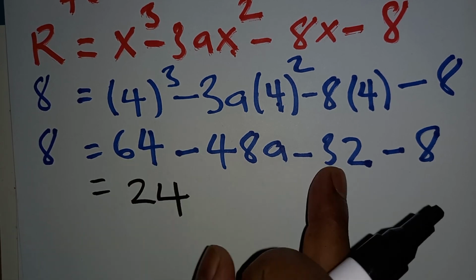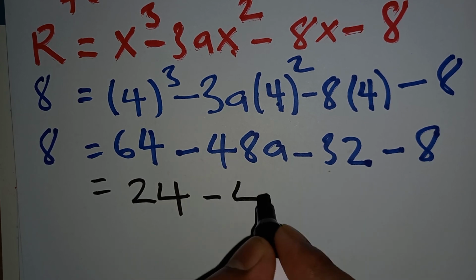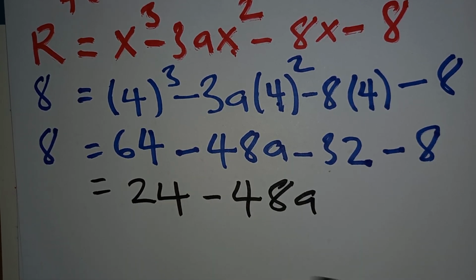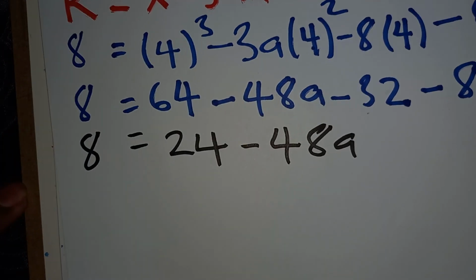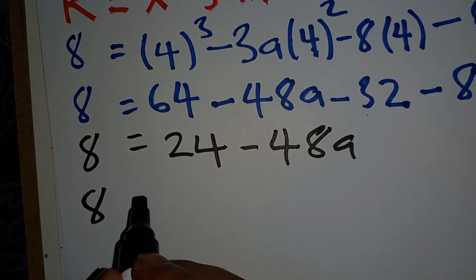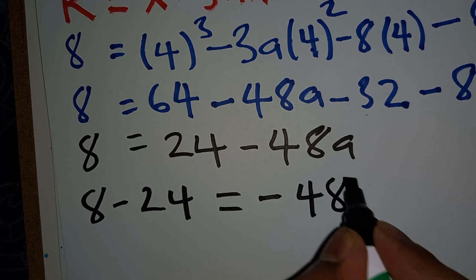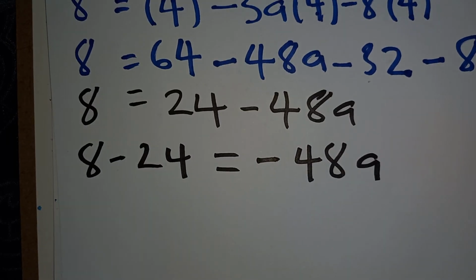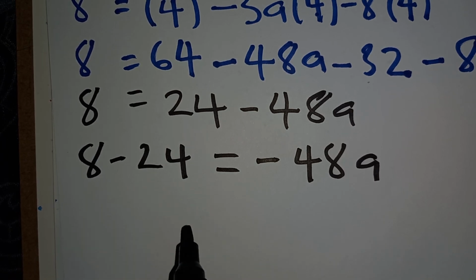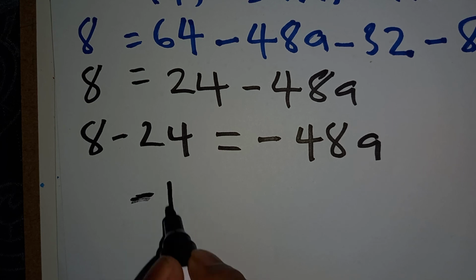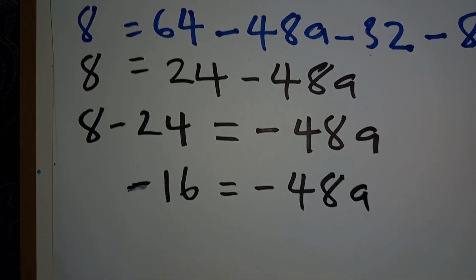When you do 64 minus 32 minus 8, it will come to 24, and then this is minus 48a, and this side you have 8, right? So take 24 the other side, it will be 8 minus 24 is equal to minus 48a, right? So 8 minus 24 is minus 16, and this is equal to minus 48a, right?